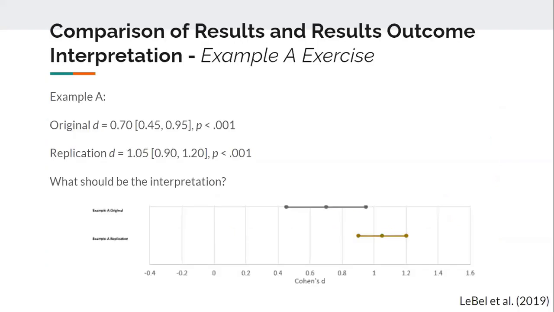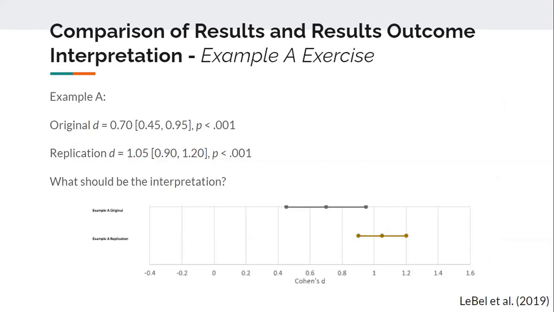And now we'll use several examples. We'll do several exercises. So example A, the original Cohen's d is 0.7, lower CI 0.45, upper CI 0.95, with p values falling below 0.001.